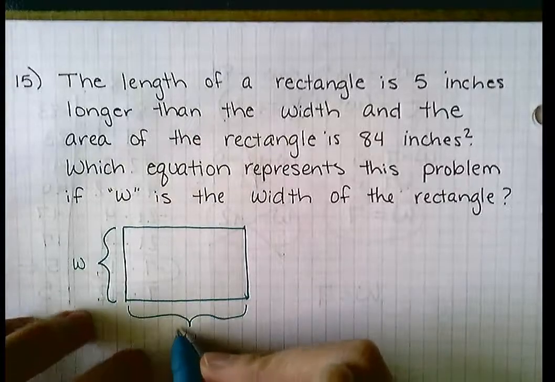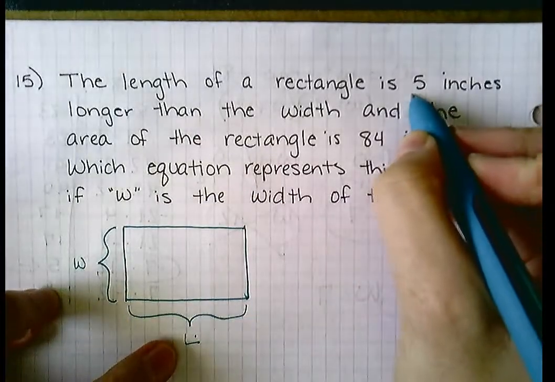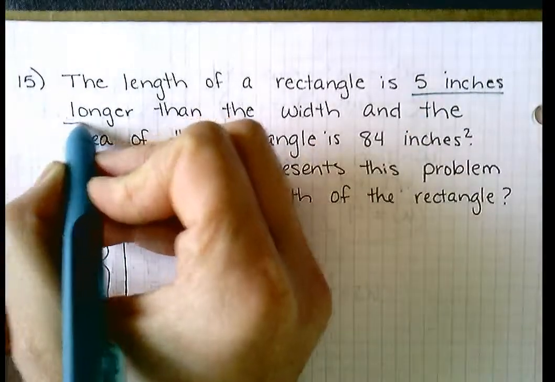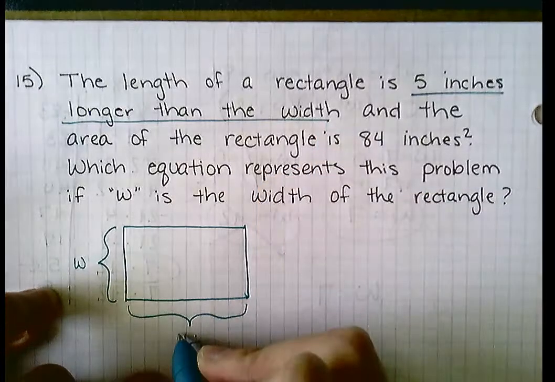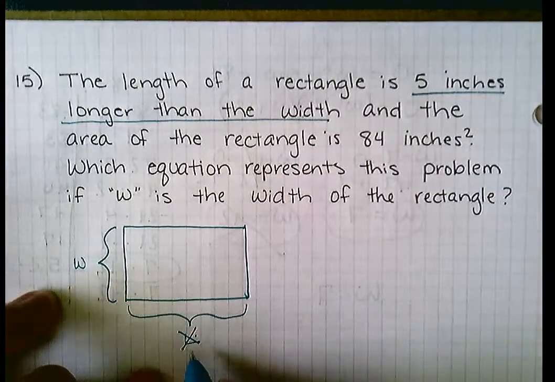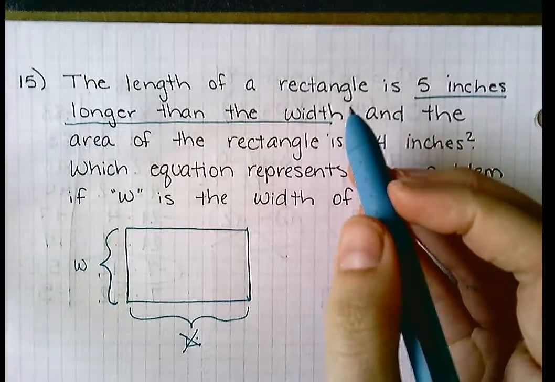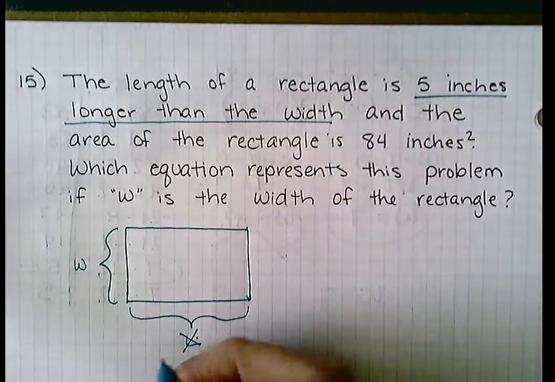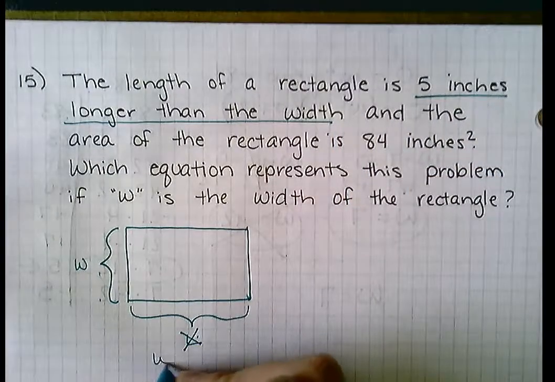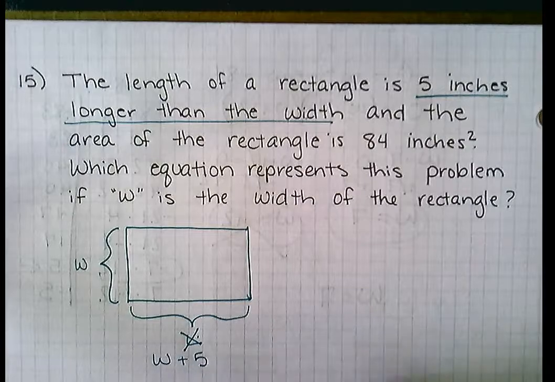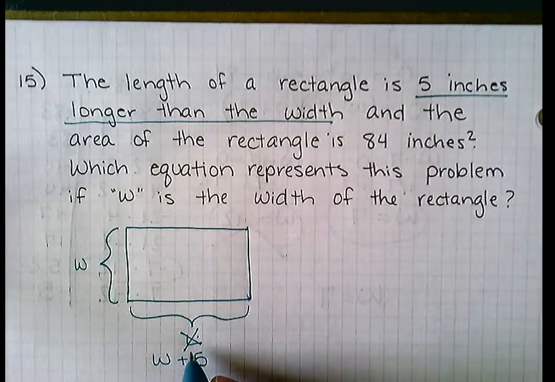So you can represent the length with this expression, 5 inches longer than the width. Instead of using the variable L, let's use the width plus 5 inches. So that's the expression we want to use.